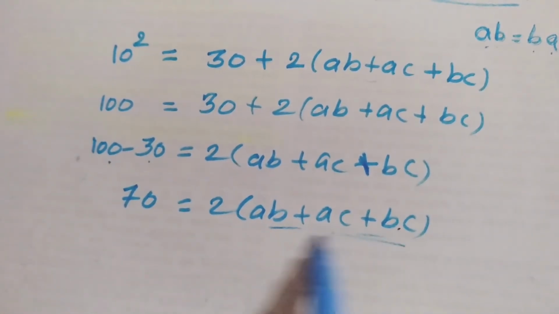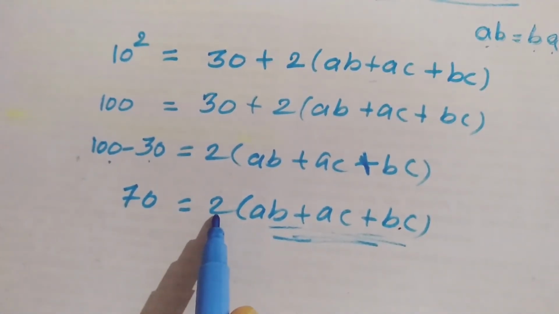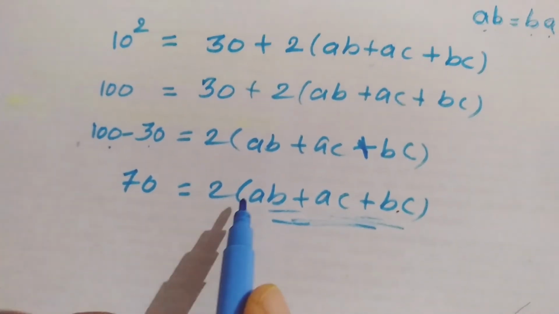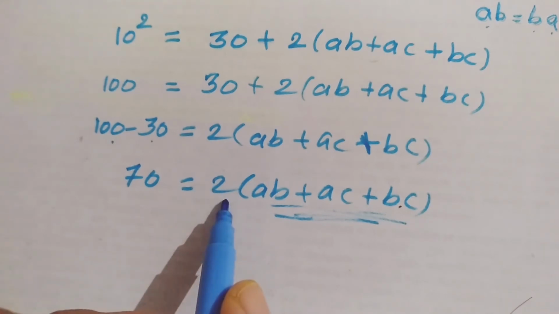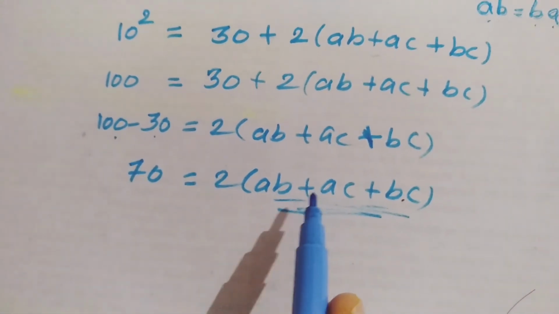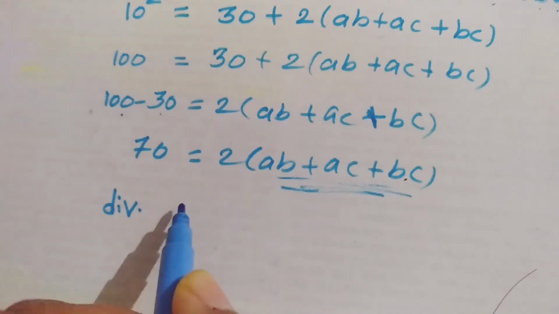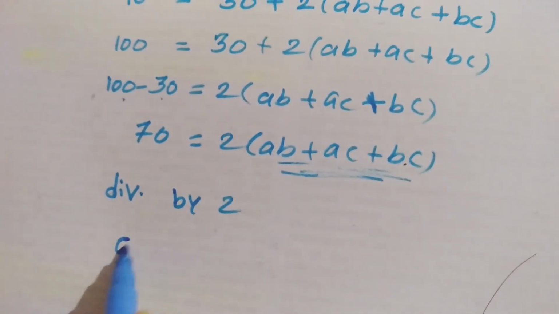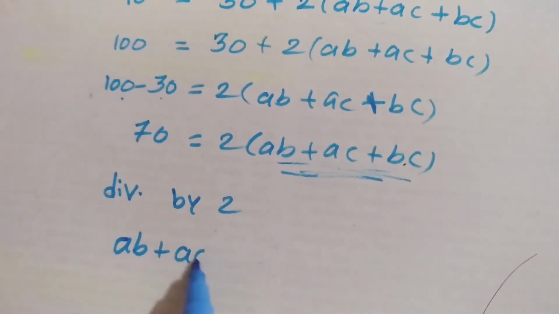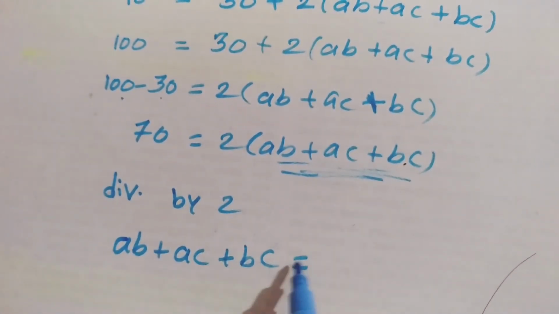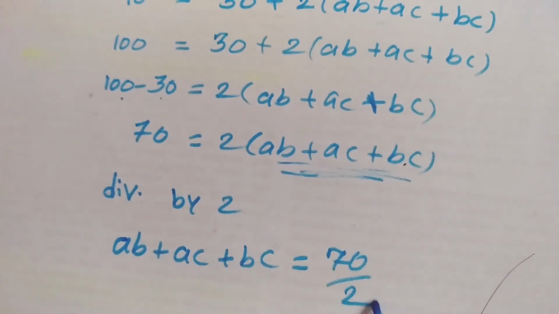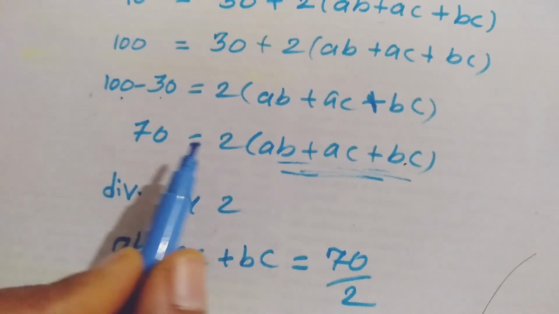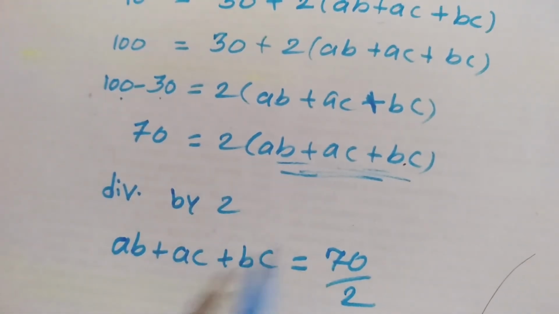Now we want the value of this bracket term. So here we have to divide this by 2. If we divide this term by 2, then this 2 will be cancelled and we get this answer directly. So we divide by 2 both sides, then we get ab plus ac plus bc is equals to 70 by 2, because we are dividing by 2, so here in the left hand side it is 70 by 2 and here 2 gets cancelled, so remaining is this one.